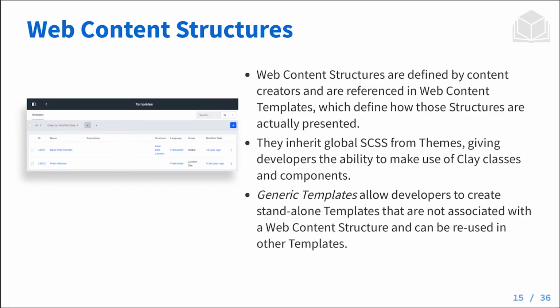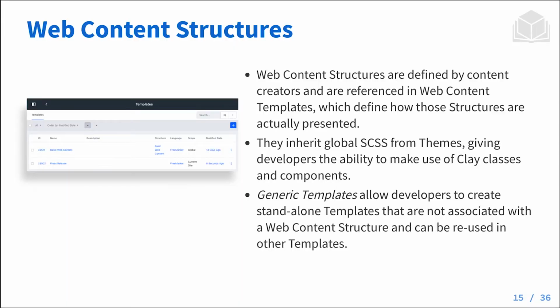Now, in addition to this, we have the ability to create what are called generic templates. Generic templates allow us to provide a template that is not tied to any given structure. This means we can do things like embed widgets or use some of those FreeMarker tools to set things that generically need to apply, and then include the generic templates in our specific templates that are tied to our structures.